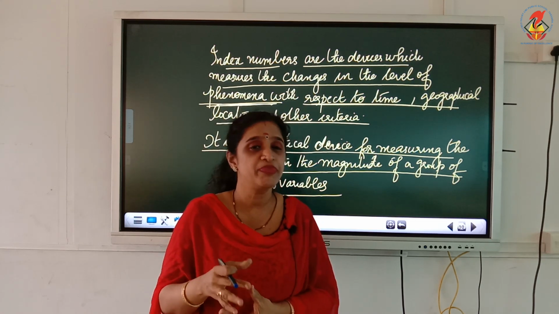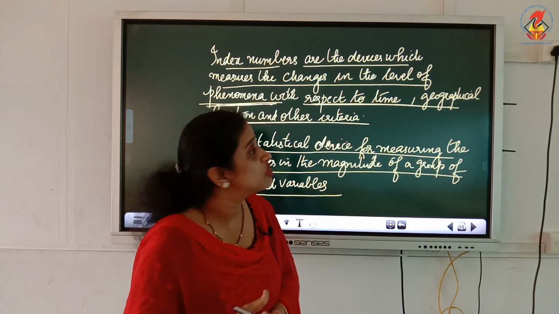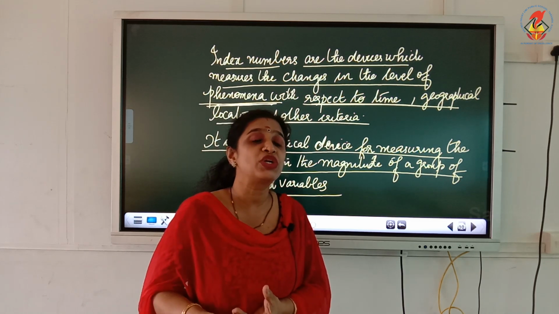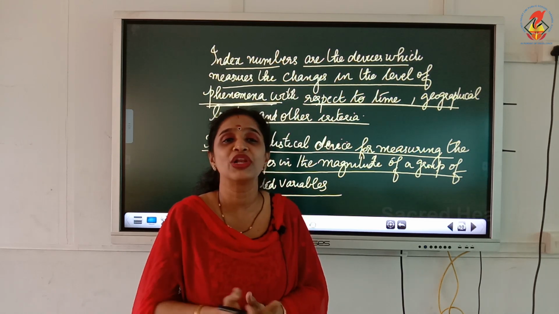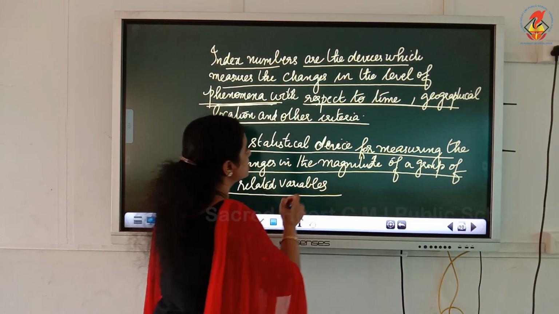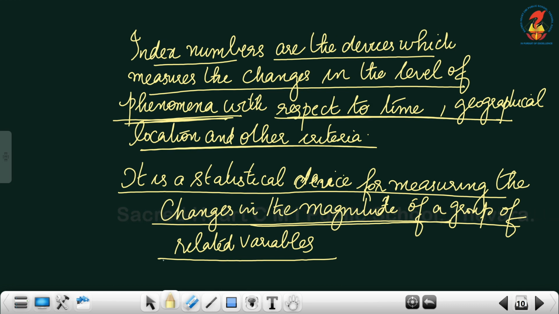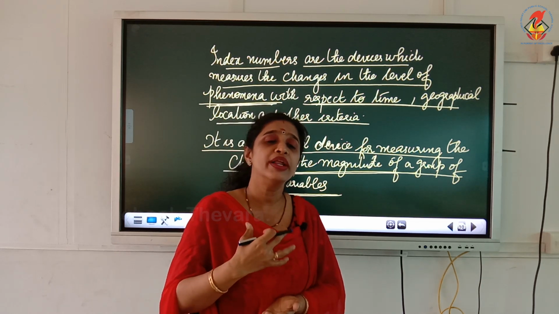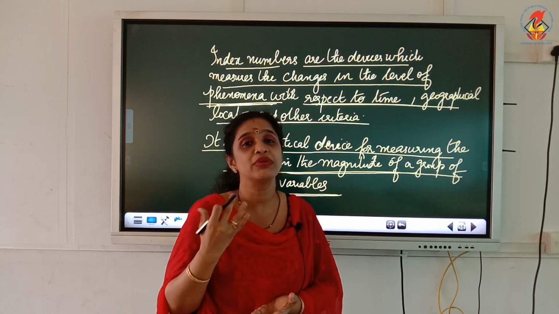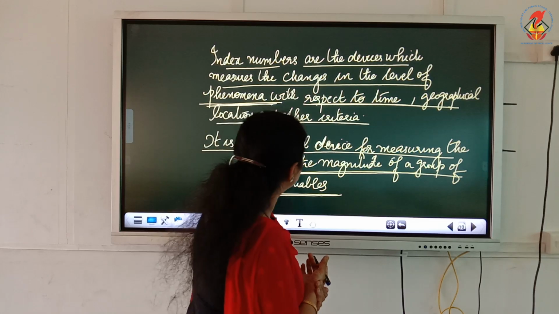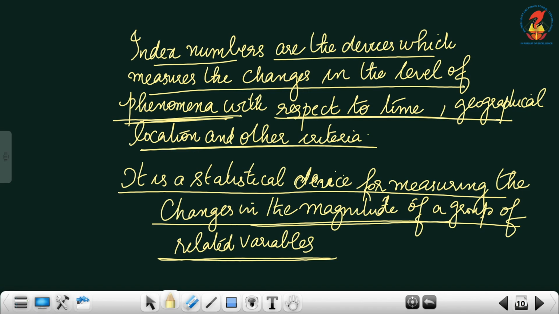So, index number is a statistical device which is used to measure the changes in the level of these factors with respect to their time, geographical location, etc. Or it can be defined as a statistical device for measuring the changes in the magnitude, you know what is the meaning of magnitude, isn't it, of a group of related variables. So, we will be learning about how far the group of related variables are changing. The index number measures the changes in the magnitude of these related variables.